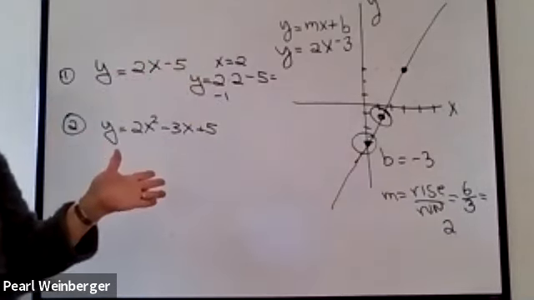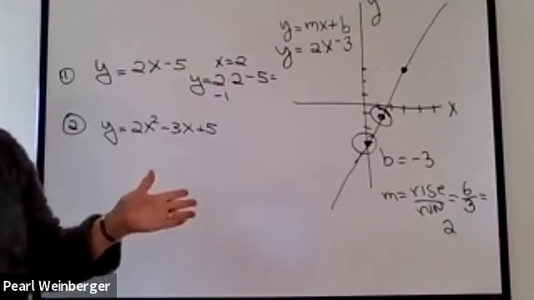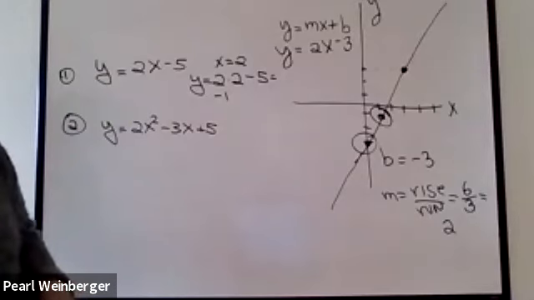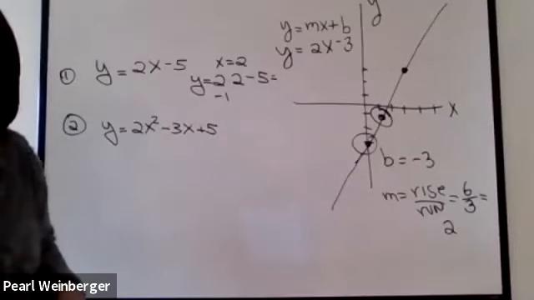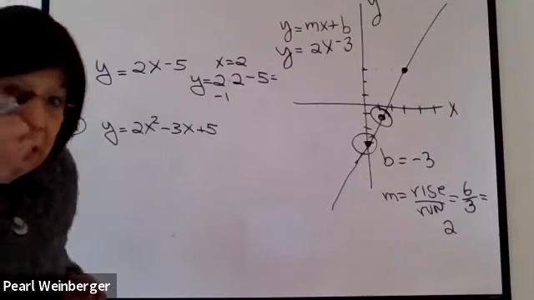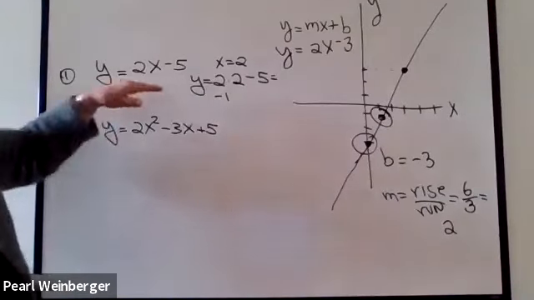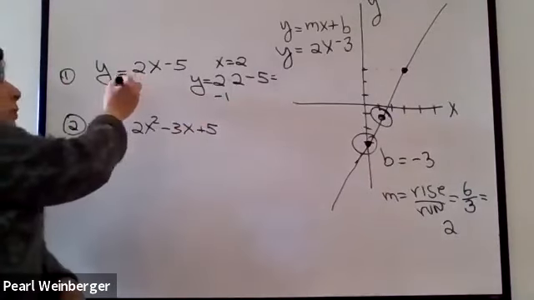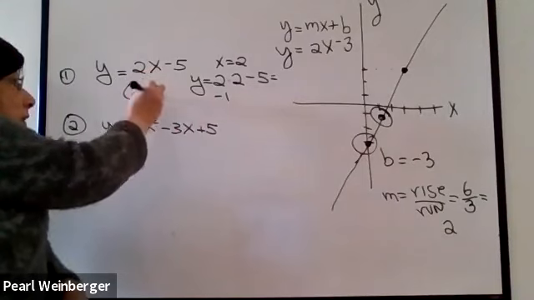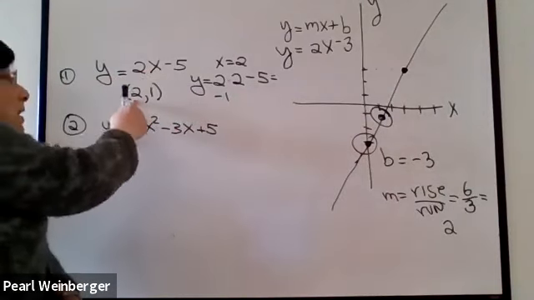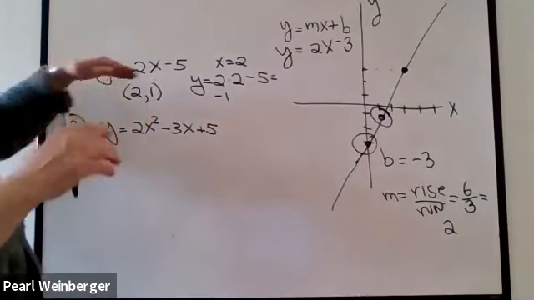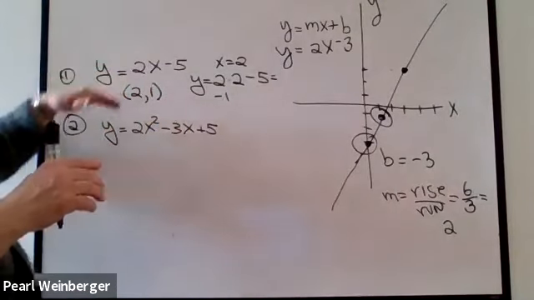But y is called the dependent variable because once I pick my value for x, my y is set. As a matter of fact, we even write it that way. When we write the point 2 comma negative 1, that's telling us we picked x to be 2, therefore y has to be negative 1 because it has to fit into the equation.